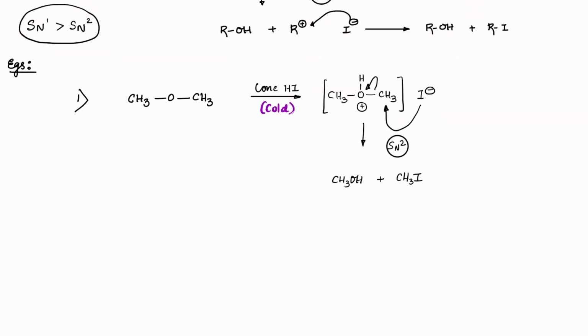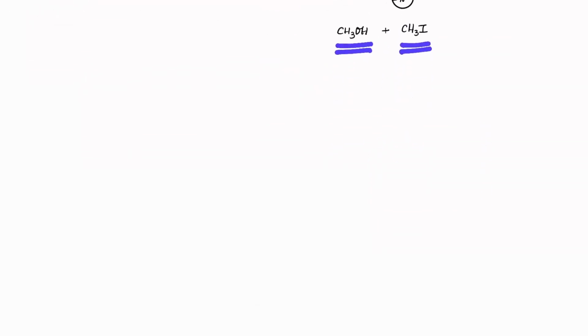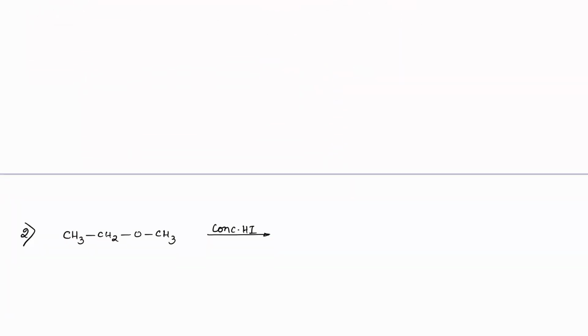So in that cold condition, first the oxonium ion will form. On both sides, you're seeing typically methyl groups. So definitely it will go via SN2 mechanism. I minus will attack and you'll get CH3OH and CH3I. Got it? So this is what would happen.